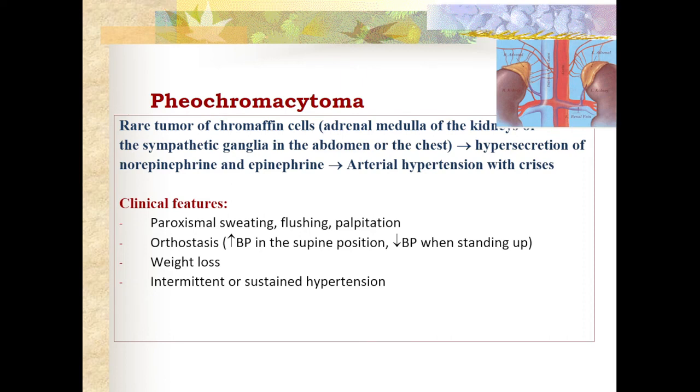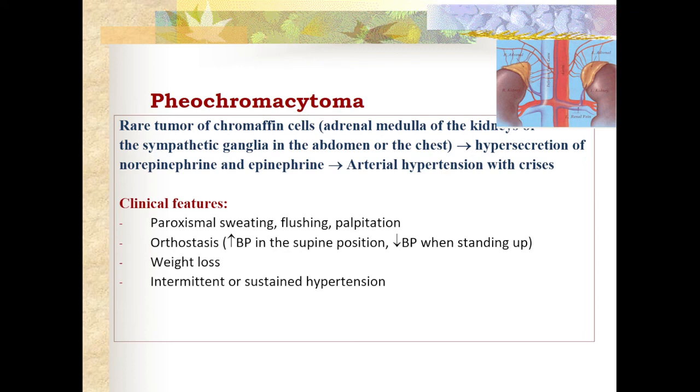Pheochromocytoma. In 1% of all cases occur in secondary arterial hypertension. A rare tumor of chromaffin cells, adrenal medulla of kidneys, or sympathetic ganglia in the abdomen or the chest can lead to hypersecretion of norepinephrine and epinephrine and development of arterial hypertension. Arterial hypertension with crisis.